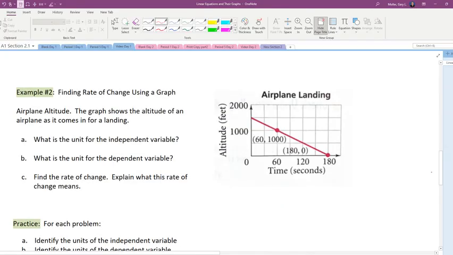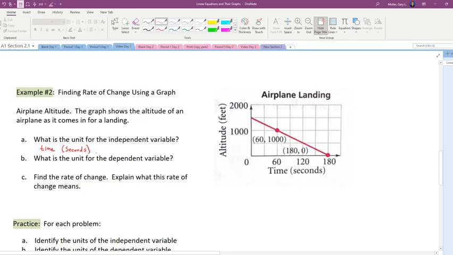Finding rate of change using a graph. Airplane altitude. The graph shows the altitude of an airplane as it comes in for a landing. What is the unit of the independent variable? My independent variable is always going to be the horizontal one, so that's going to be seconds. So it's time, but specifically the unit is seconds.